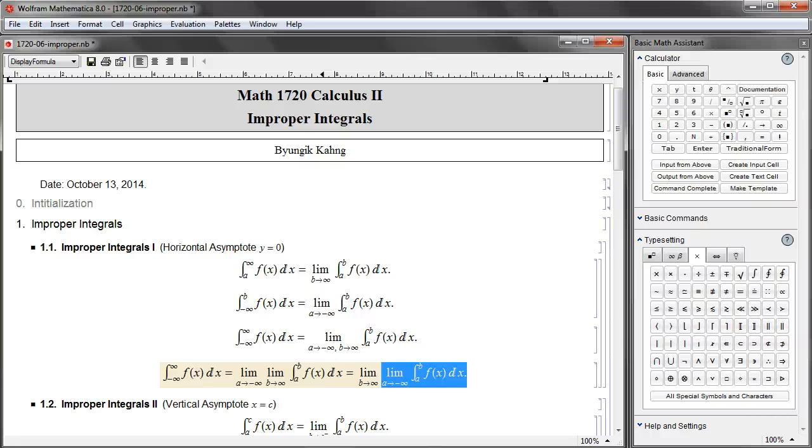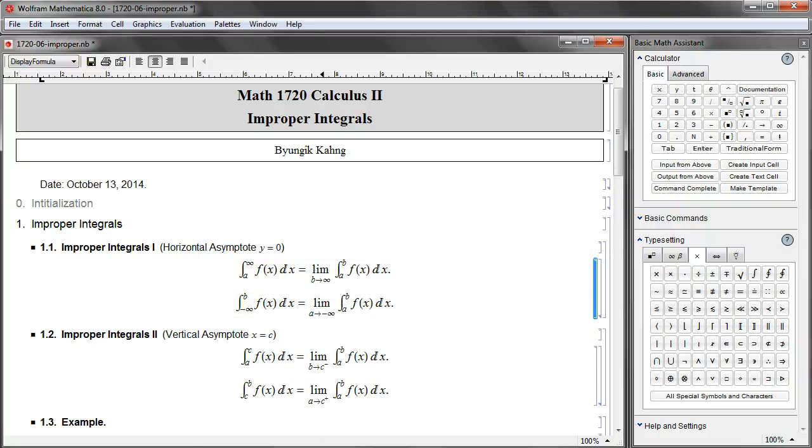Calculate the limit a to negative infinity, make sure that exists, and then calculate the limit b to infinity. And these two limits must share the same value. In short, we are doing this computation and that computation separately only twice. So, in short, everything boils down to either this one or that one.